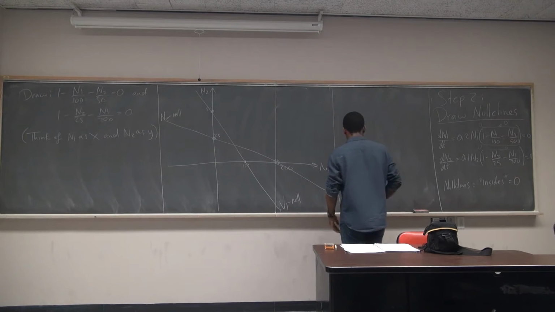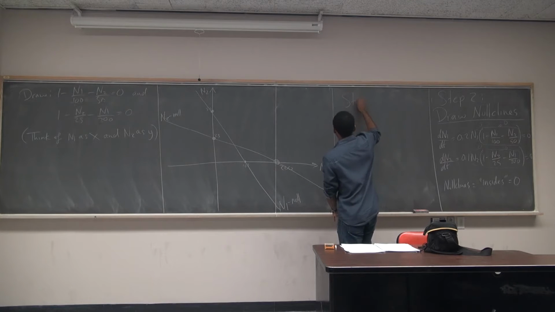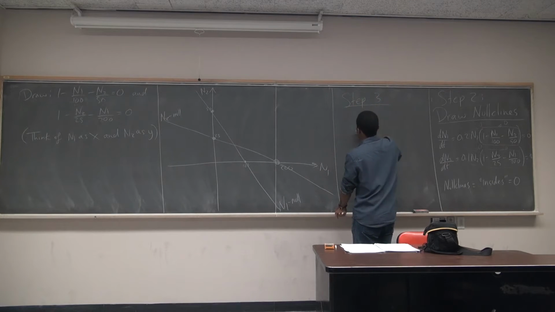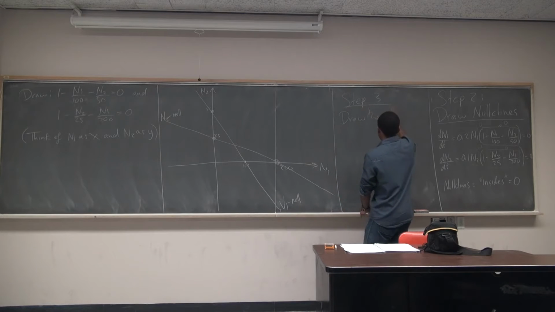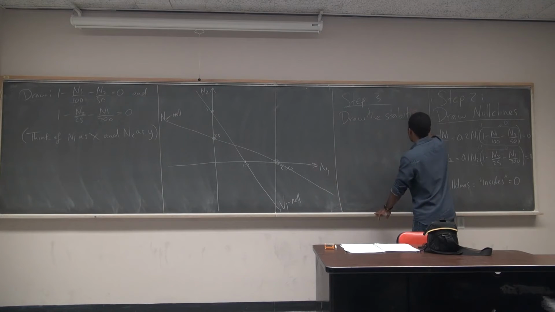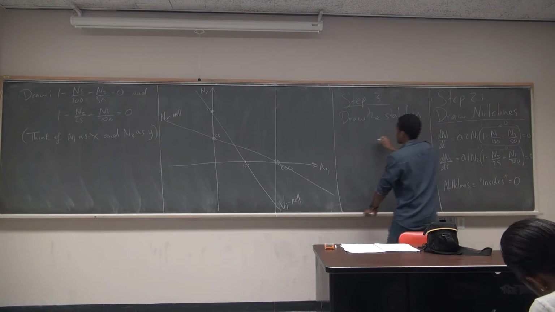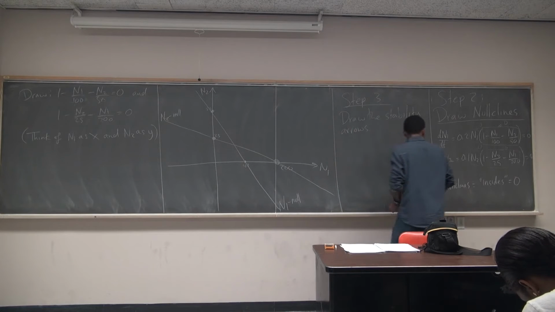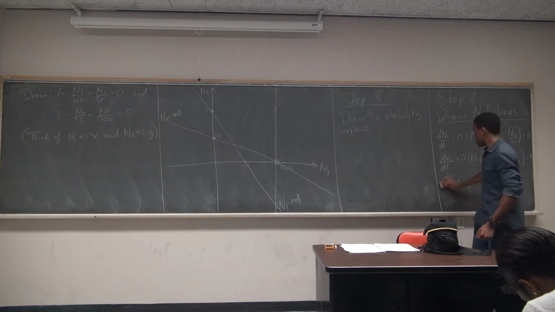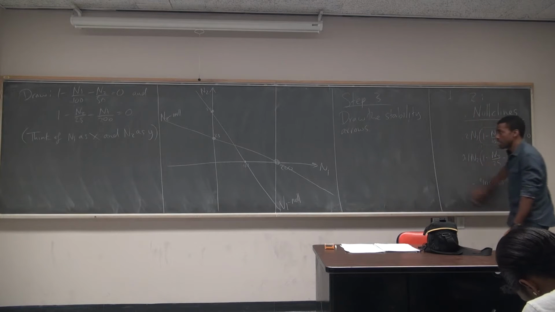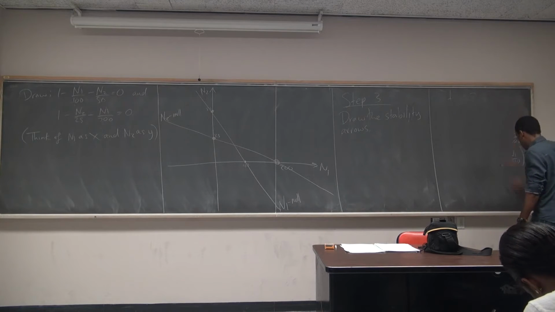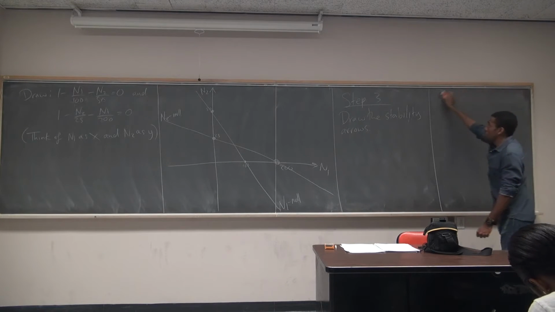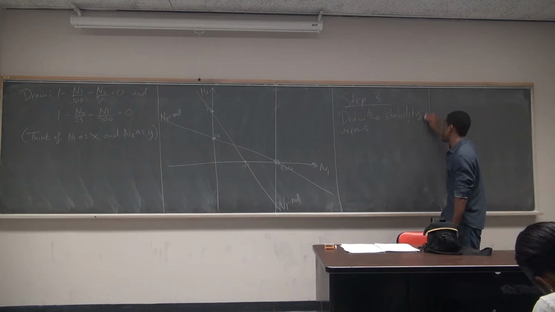Leave that up. Step 3 is to draw the stability arrows. However, in this case, it's going to be different from our stability arrows from the first time. To draw the stability arrows, this is where we're going to figure out the signs in each region.